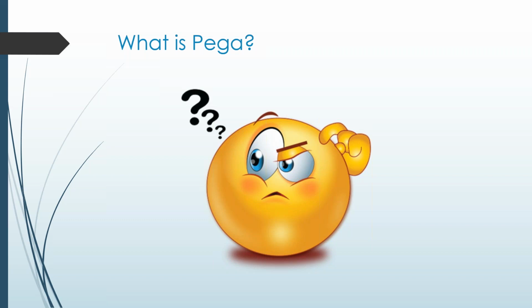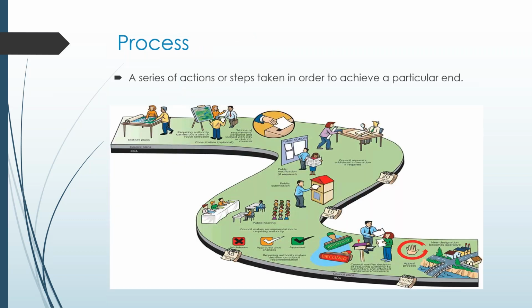Before moving on to business process management, we'll start with the basic thing called a process. A process is something which involves any series of actions or steps taken in order to achieve a particular end. Anything which involves some series of actions or steps can be called a process. I can call coffee making a process.